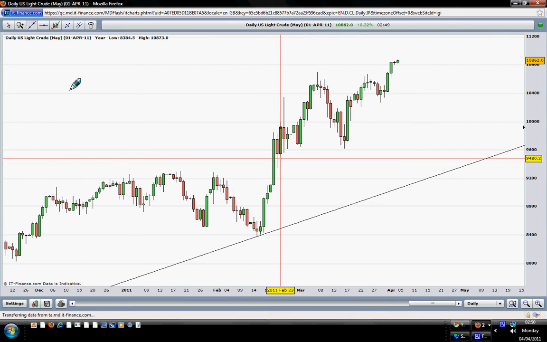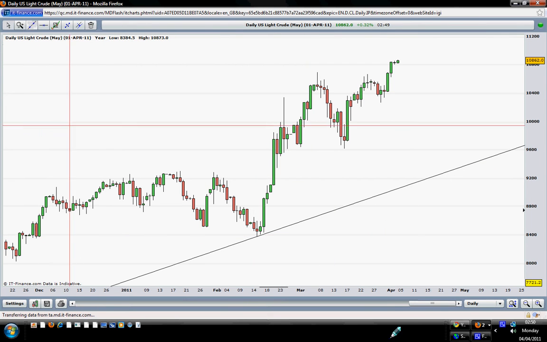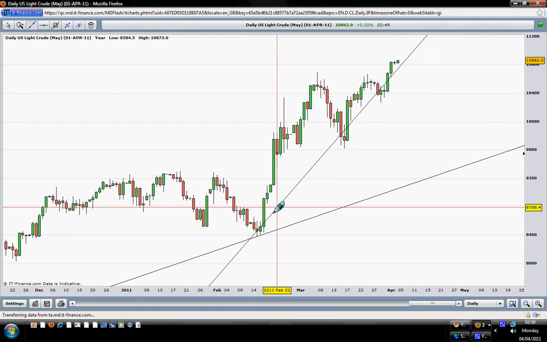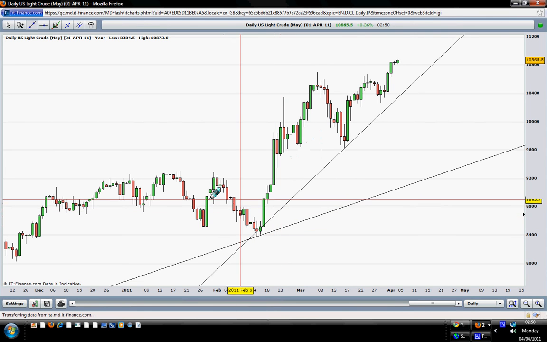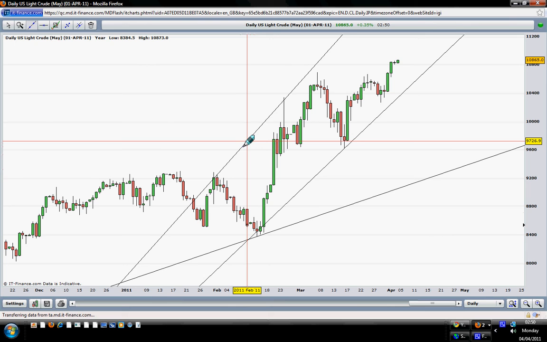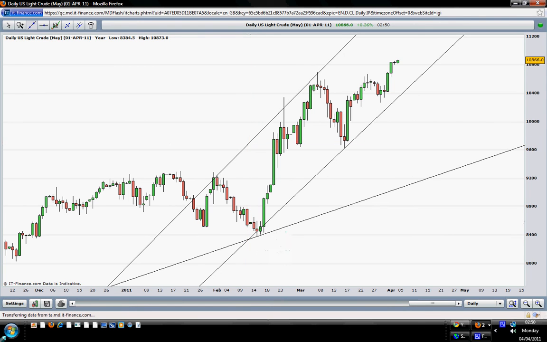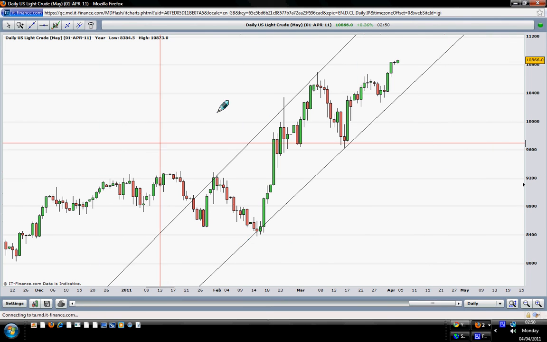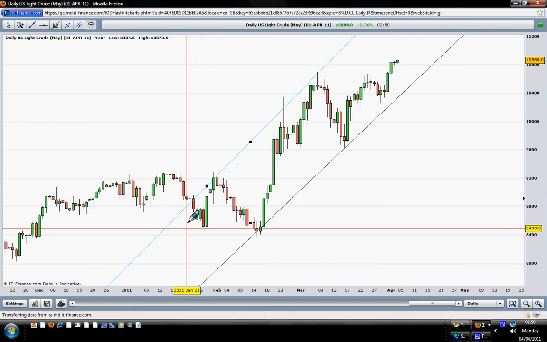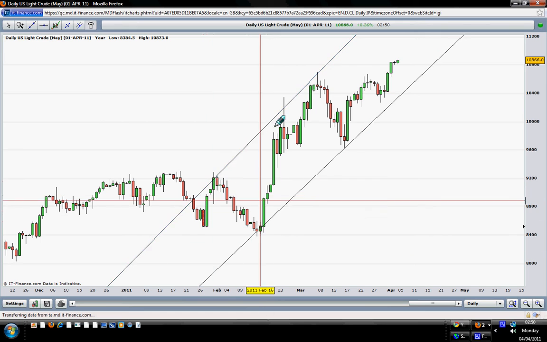The price is in the channel here. The crude oil is in the channel here, as you can see, going up and down in this channel.